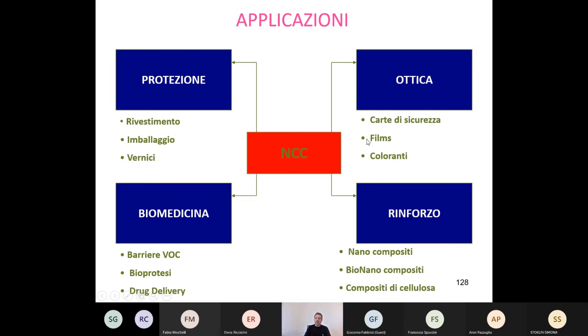Also in medicine, for example drug delivery, and in protection, for example some protective systems. So a lot of applications, which give great potential to this system.